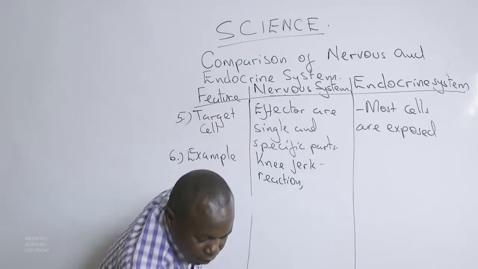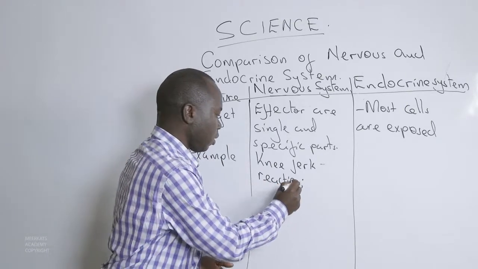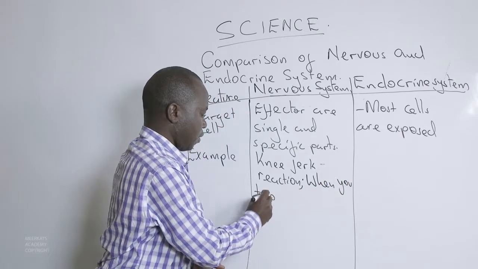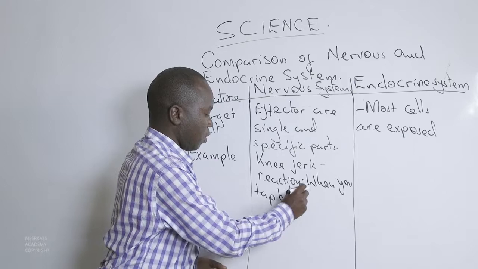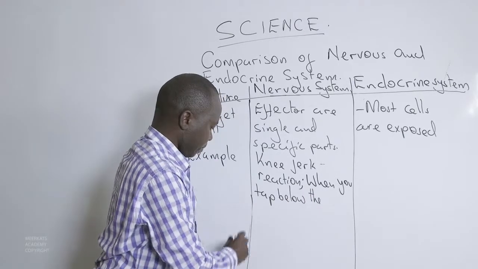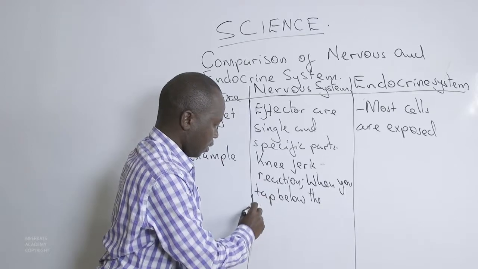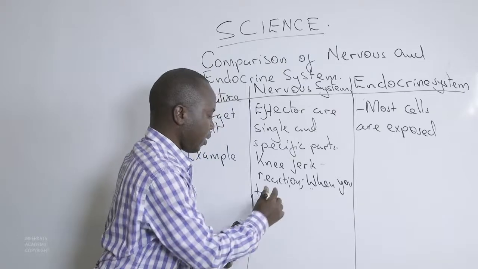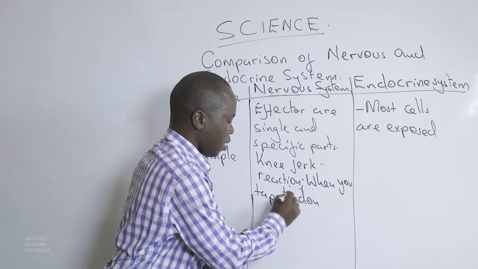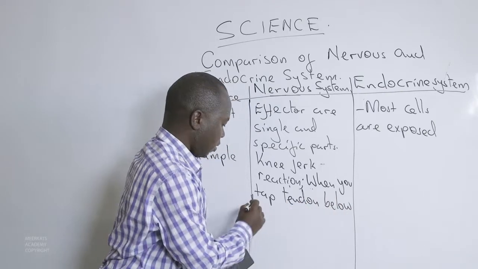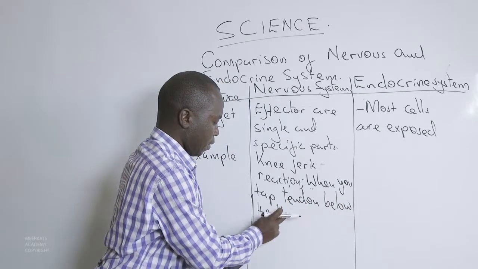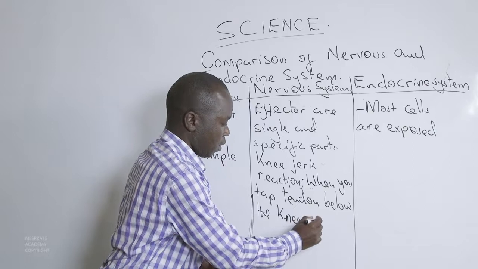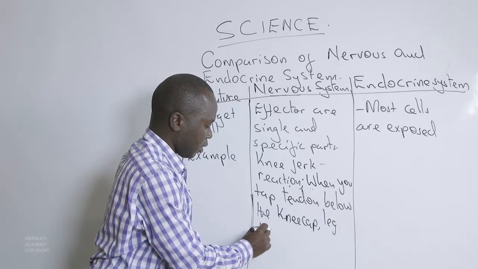So we can write a note there: knee-jerk reaction, when you tap the tendon below the kneecap, the leg jerks forward.